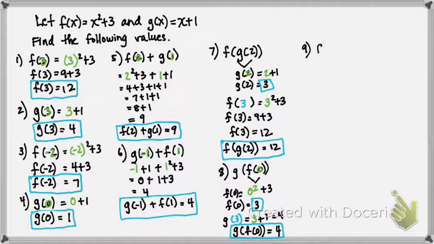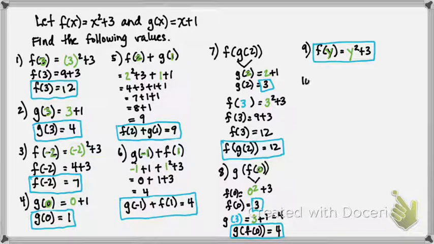So we've got the value of function f at y. So what that says is y is the input. So where I see x, I'm going to put y. Okay, now that's all we can do because I can't simplify y squared plus 3. So that is going to be my output. It's going to be y squared plus 3. All right, last one.